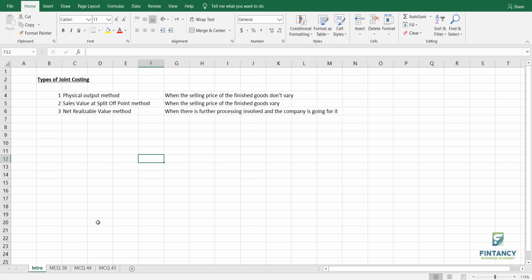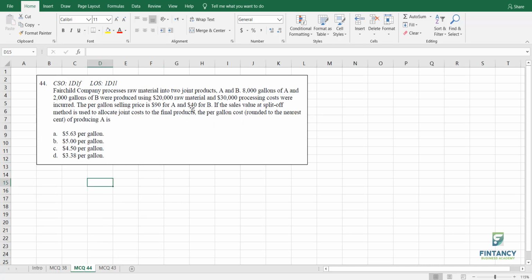Okay, split off point is also called SOP in shortcut. So they say if the sales value at split off method is used to allocate joint costs to the final products, what is the per gallon cost of producing A? So let's see how we can solve it.